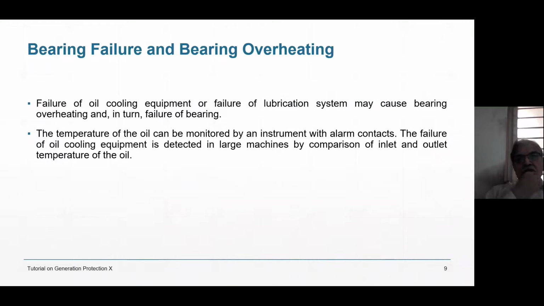Another small abnormality is bearing failure and bearing overheating, thrust bearing particularly. Thrust bearing means when 140 kg per centimeter square pressure steam is given to the turbine, the whole turbine moves to one side, and the bearing will be pressed.